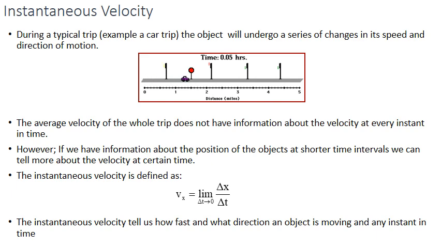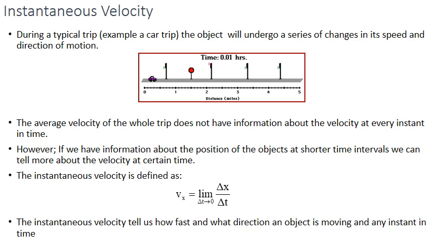However, if we divide our trip into smaller and smaller intervals, so for example, instead of going from 0 to 5 miles altogether, as in the figure here, I could divide it into smaller intervals, from 0 to 1, from 1 to 2, from 2 to 3, etc. This would give us more information about what's happening at each time.